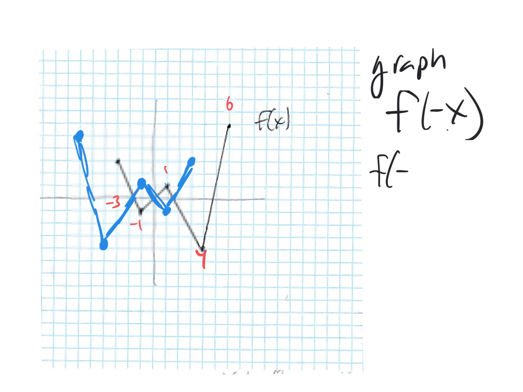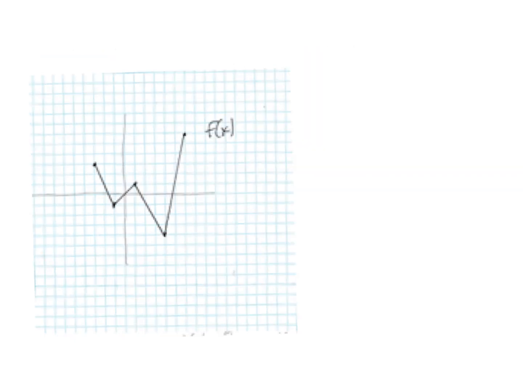Okay, so see how that works? What about if I do a vertical reflection? I mean a horizontal reflection on the x-axis. So I'm going to graph negative f of x. So that says the x values stay the same, the y values are the ones that change. So now I'm going to look at the y values, 1, 2, 3, 4, 5, 6.